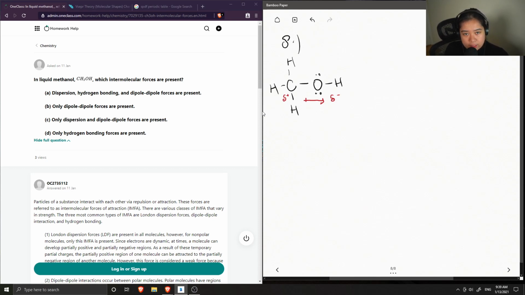So this tells us that dipole-dipole interactions will occur, because the positively charged side will be attracted to the partially negative side of another methanol molecule.